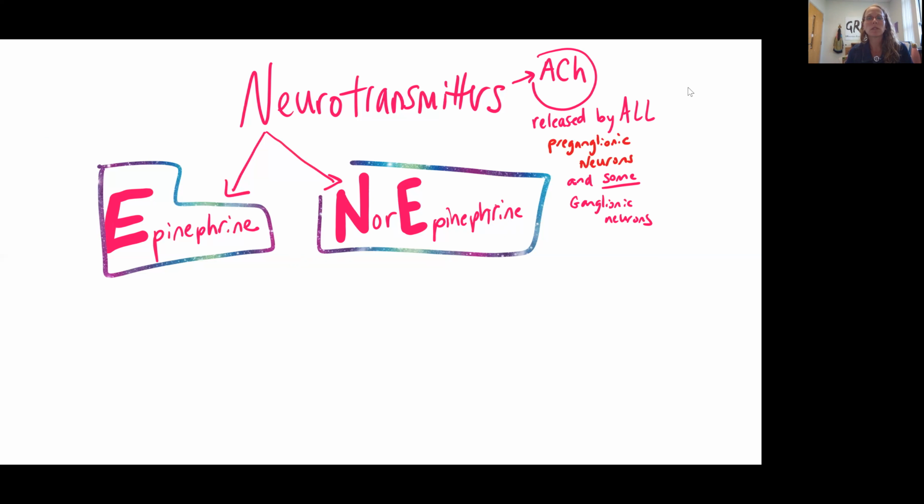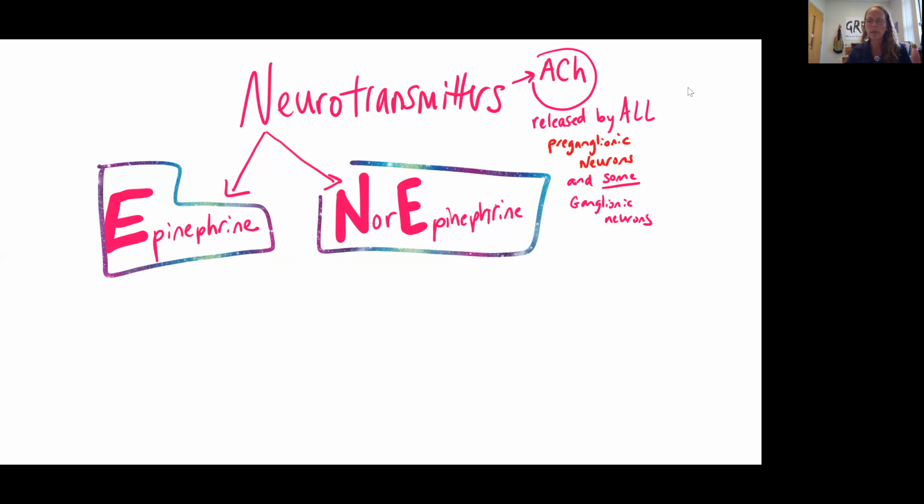In addition, we will see our old friend, big A, big C, little h. Do you remember what neurotransmitter that is? Good recall, acetylcholine. Acetylcholine is going to be released by all of those preganglionic neurons. But we will also see acetylcholine released by some of our ganglionic neurons.